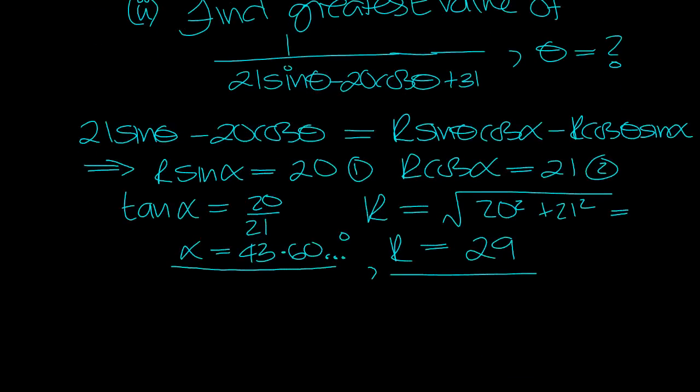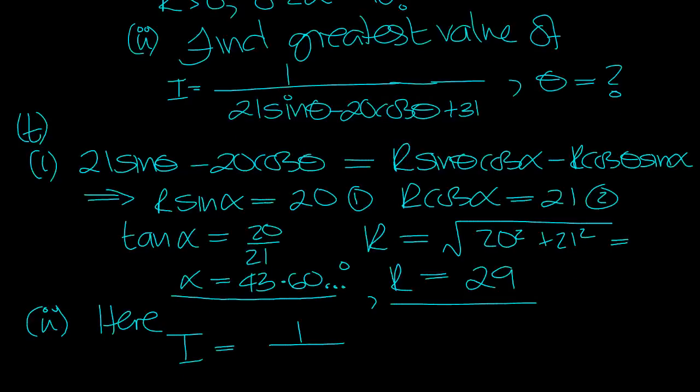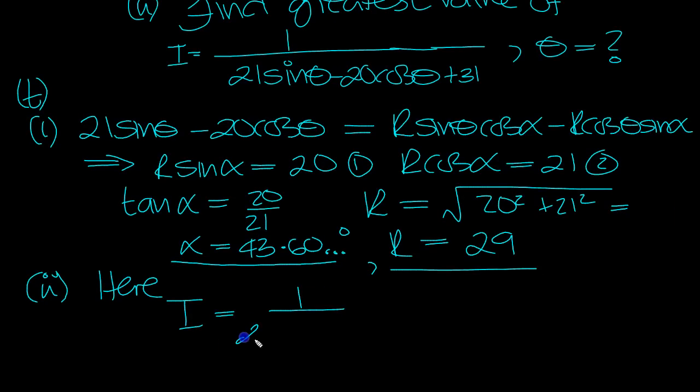Find the greatest value of this then. So I'm going to call this I. So part 2. Here, save me writing out again. I is equal to 1 over 29 sine theta minus alpha, that's what's underneath, which would be just these two things plus the 31.